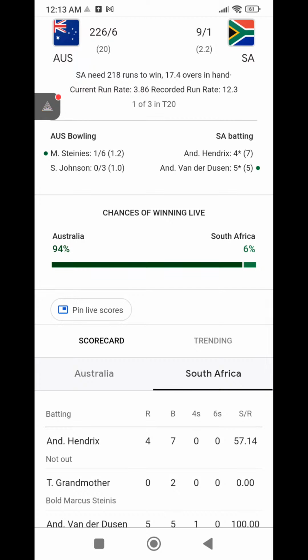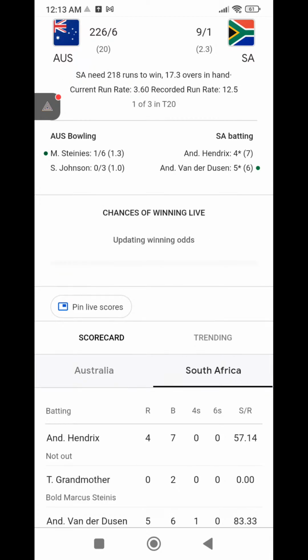So the team under the leadership of Shakib Al Hasan will start their proceedings tomorrow at 3:30.